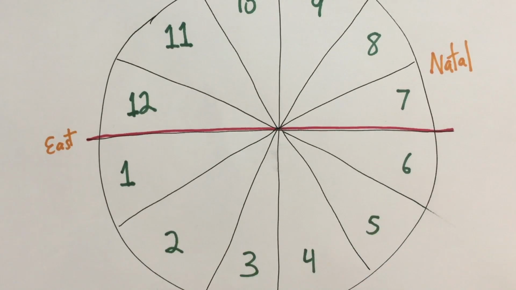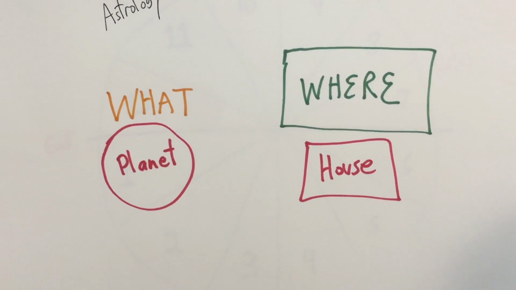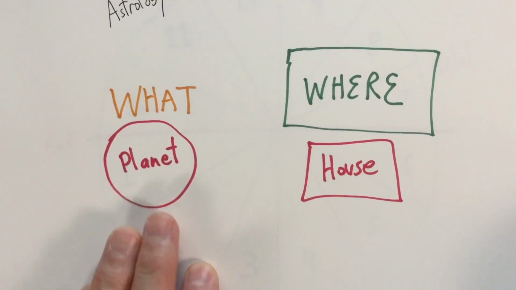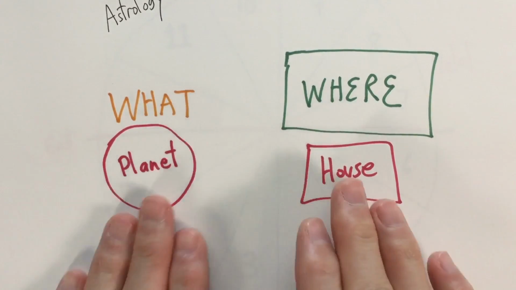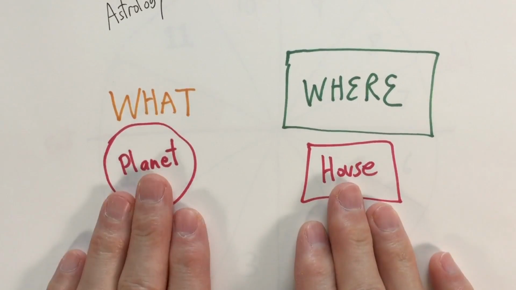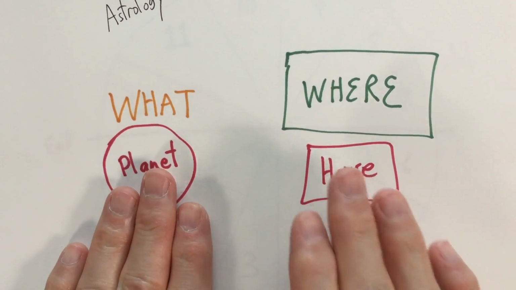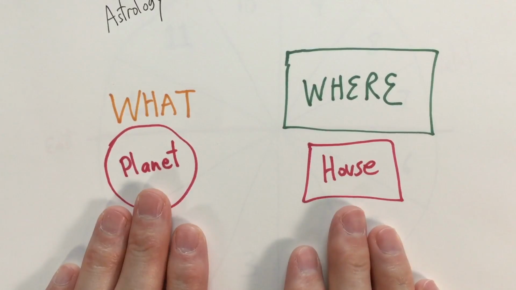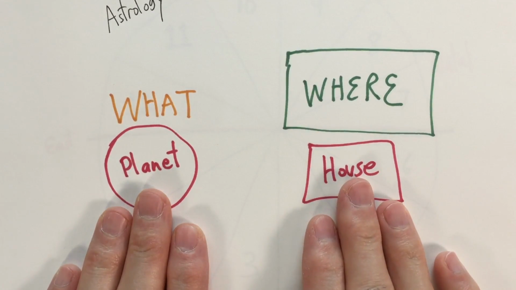So maybe we have a planet chilling out there, and the planet is going to be our buddy Mercury, and Mercury is the what? So communication about your possessions. Maybe you're going to be very communicative about your possessions. Maybe your possessions depend on your communication. The what is communication, and the house is going to be the number 2.